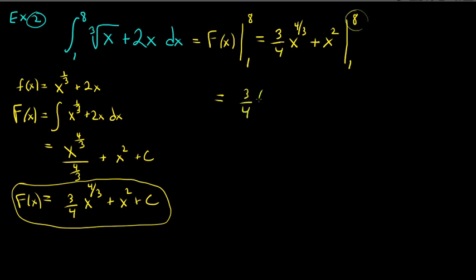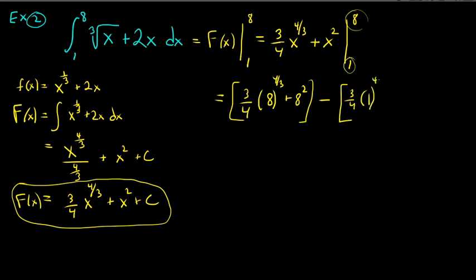This is 3/4 times 8 to the 4/3 plus 8 squared. And then minus, when you plug in 1, you just get 3/4 times 1 to the 4/3, which is 1, of course, plus 1 squared.